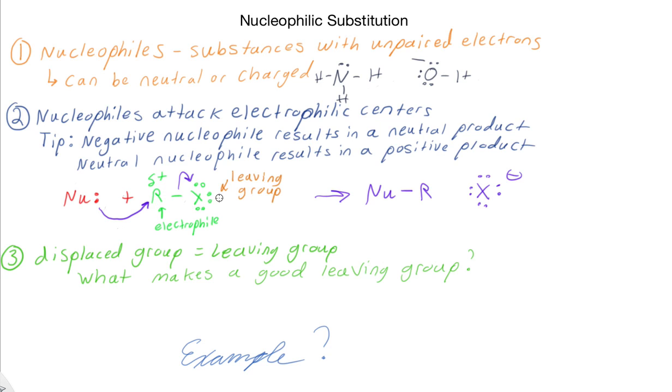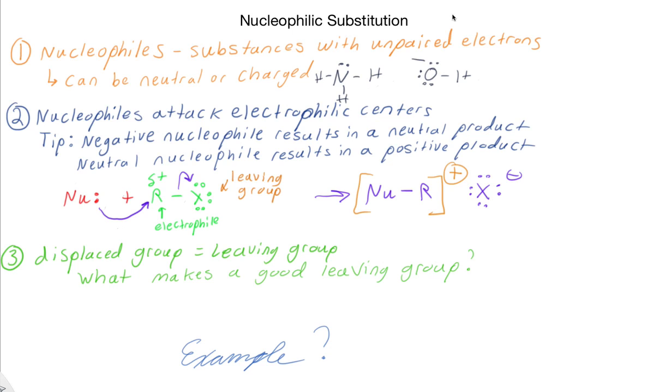So this carbon-halogen bond will break off, and that nucleophile once again attaches, and we'll end up with a positive product. So let me just put this in brackets, and positive. So main thing to notice is that if we have a negative nucleophile, we'll get a neutral product, and if we start with a neutral nucleophile, we'll get a positive product.